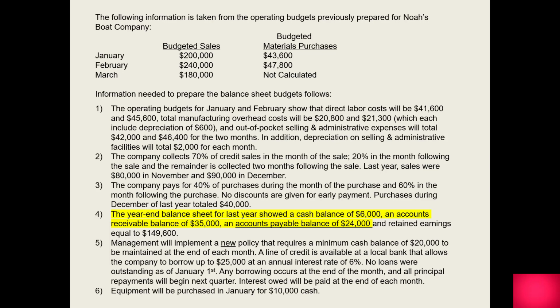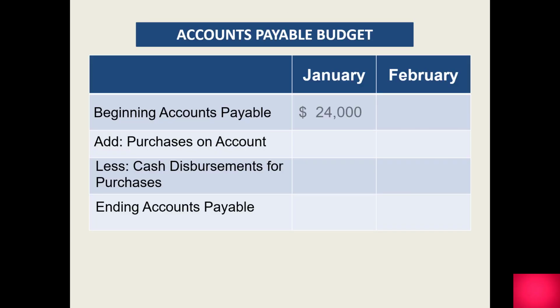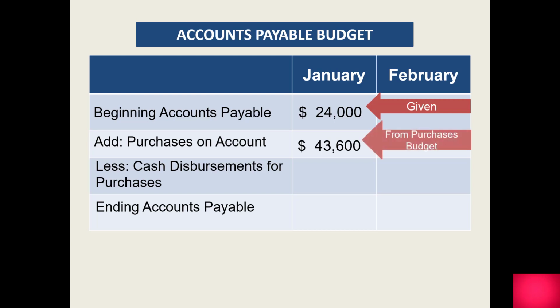We were told that the year-end balance sheet for last year showed accounts payable balance of $24,000. Our purchases were also given. They were $43,600.